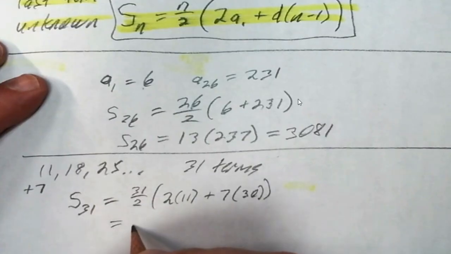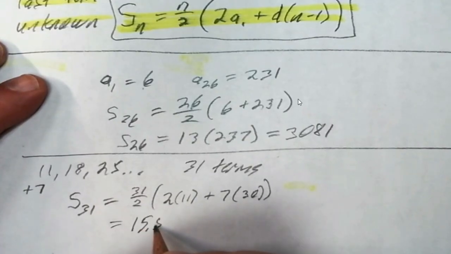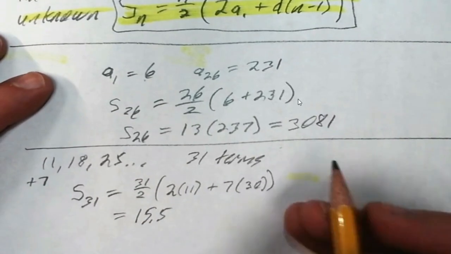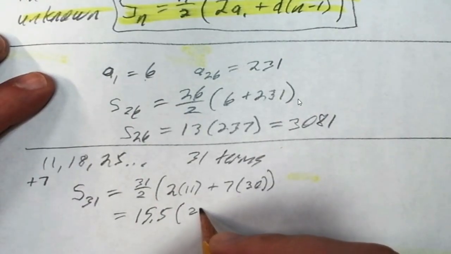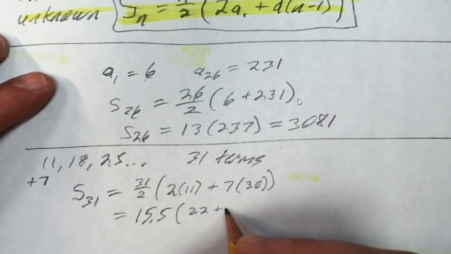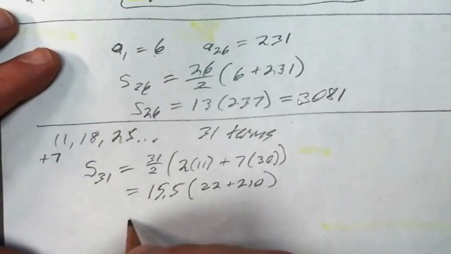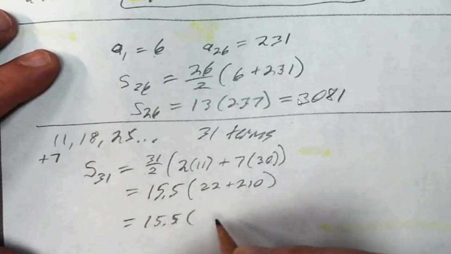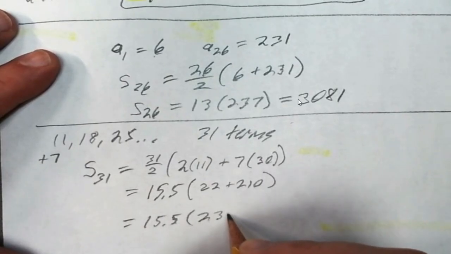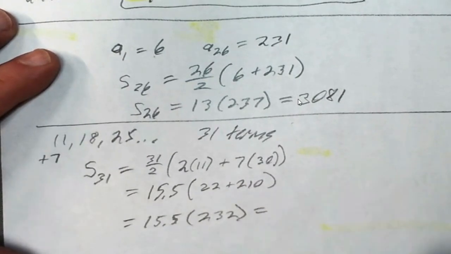so this equals 15.5, 31 divided by 2. 2 times 11, 7 times 30. So this equals 15.5 times 232.